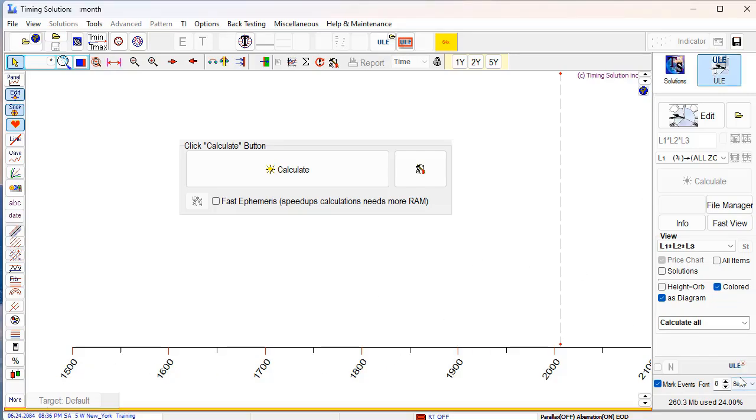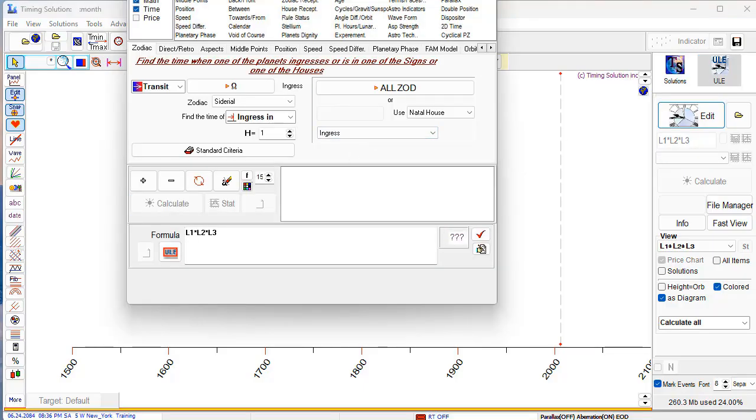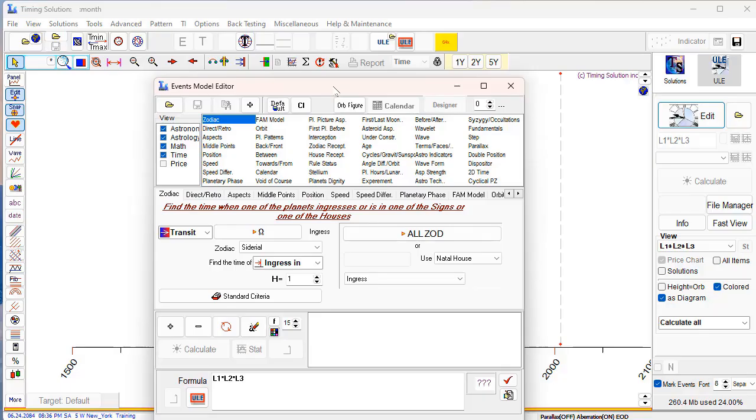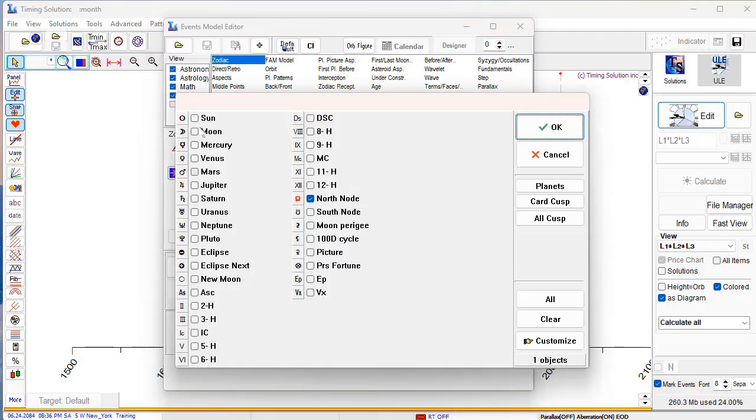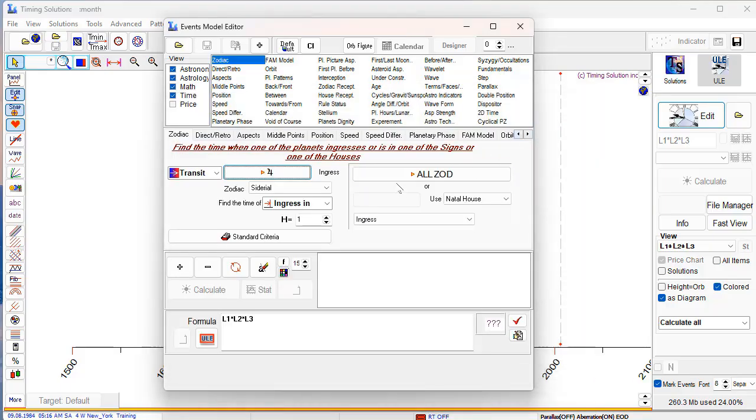Now I run the Boolean model, and here I will calculate this event. Clear all. Jupiter ingress in some sign of zodiac, all zodiacs ingress. By the way, the user asked about the sidereal zodiac, so sidereal zodiac is here. The first event is Jupiter ingressing in some sign of zodiac.